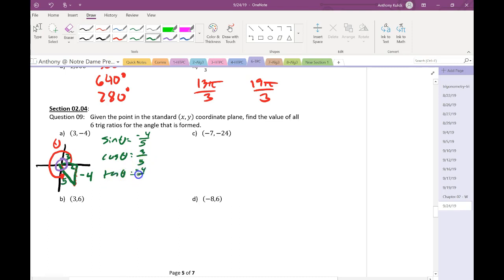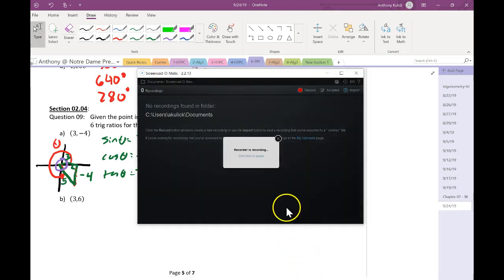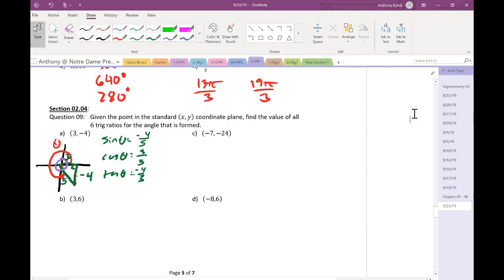Tangent is opposite over adjacent. Cosecant is the reciprocal of sine. That's negative 5/4. Secant is the reciprocal of cosine, so that's 5/3. And cotangent is the reciprocal of tangent, so that's negative 3/4.